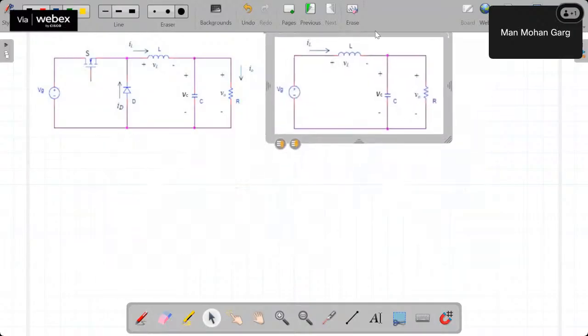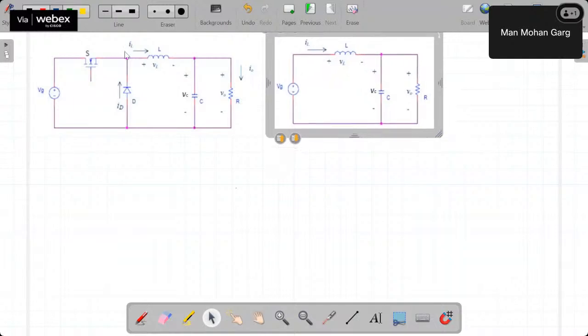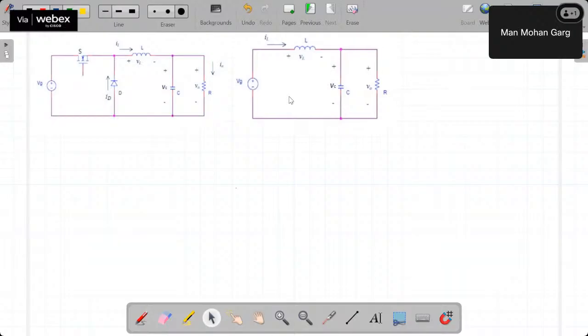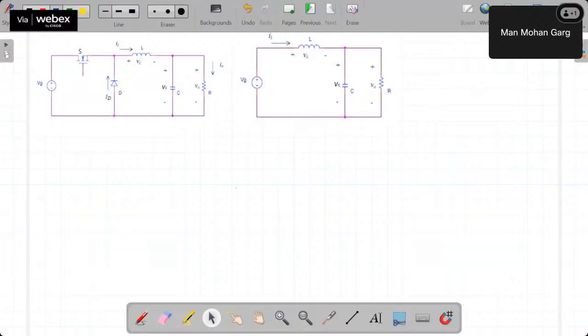This is when the buck converter is on. We have already discussed this in detail. Okay, so this is the buck converter. Now in a buck converter, we identify how many steps are there. So obviously there are two.